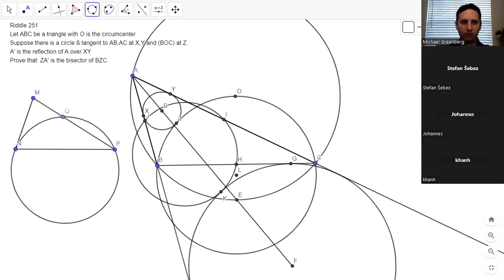Then let another circle be tangent to AB, AC and tangent to that arbitrary one.